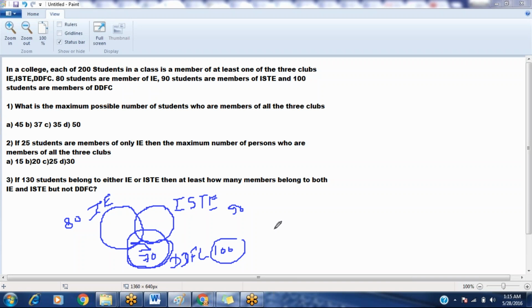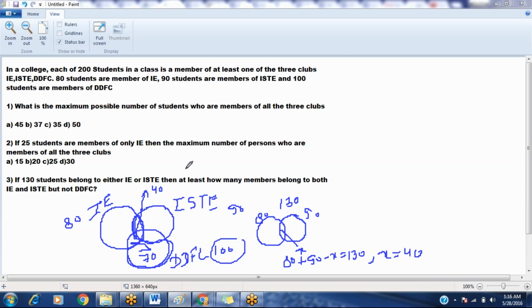Now we have two circles, IE and ISTE. This is 80, this is 90, and the overall value is 130. Let the common portion be x. So 80 plus 90 minus x is equal to 130. So x will be equal to 40. This common part is equal to 40.